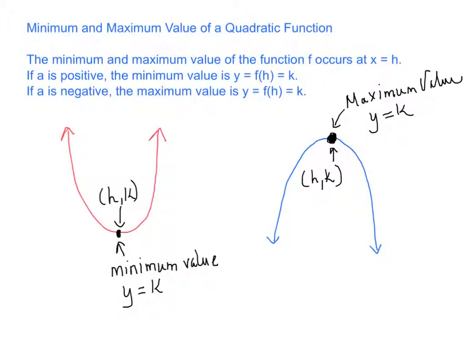If a is negative, then you know the parabola is going to open down, and so the maximum value will be at the top, so that's why it's a maximum. It's also y equals k. So both the minimum value and the maximum value are equal to k, which is the second coordinate of the vertex.